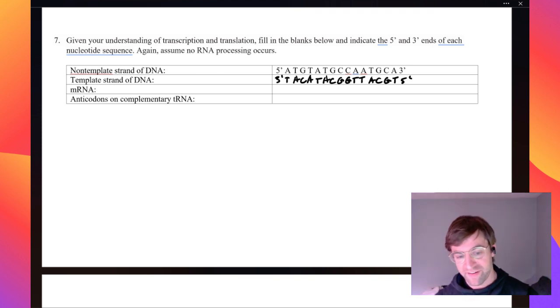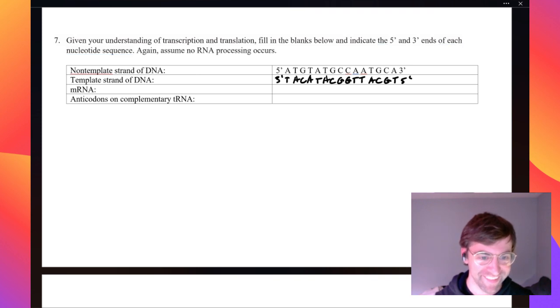Now to messenger RNA, there is an important difference here. There's no, is it thymine? What did I say before? There's no T's. Thymine. There's no thymine in RNA. Instead, we have uracil. So we get 5' again.